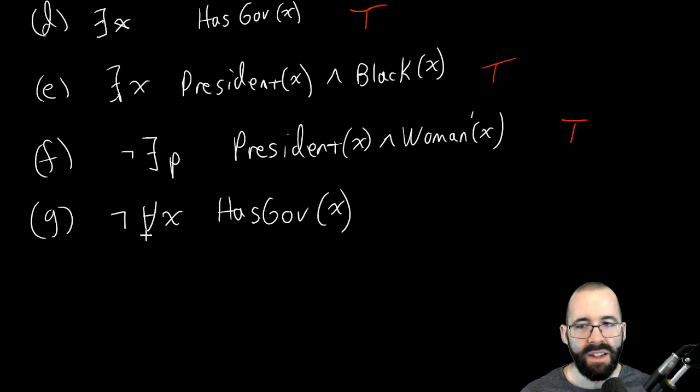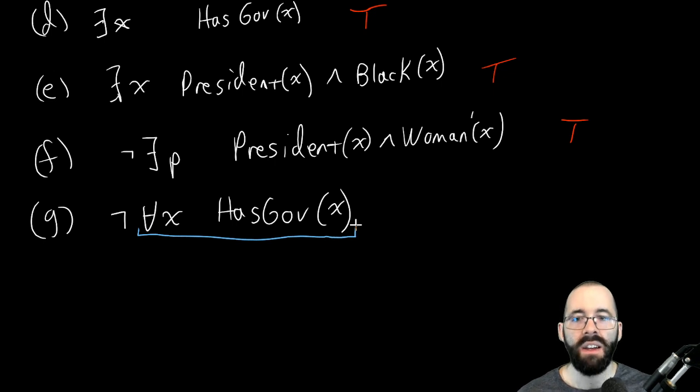And how do we read this last one? This last one is saying not for all x, HasGov of x. So we can, again, break this down. We could use a truth table if you wanted to. Let's just break this down first, and let's look at this statement. Is it true for all x, HasGov of x? And we said no, right?